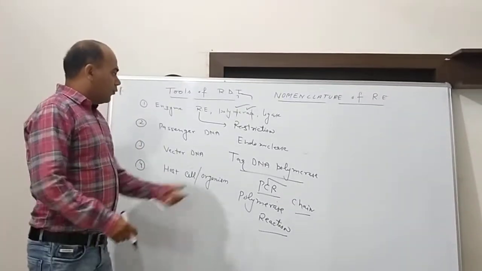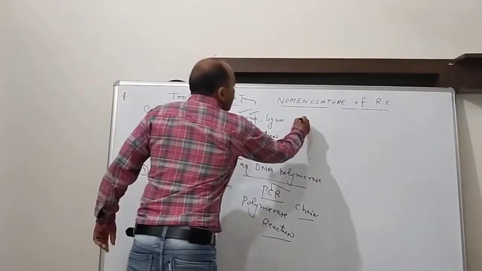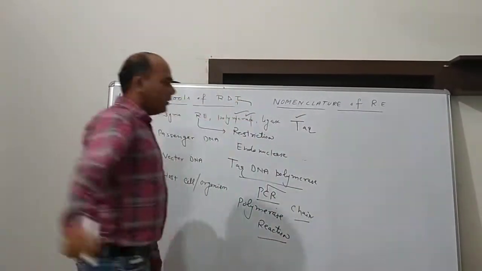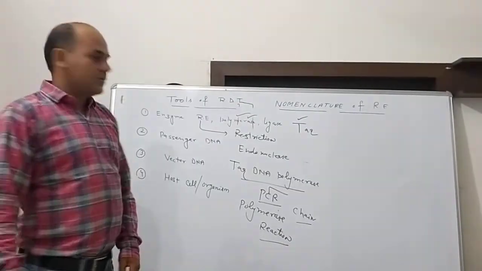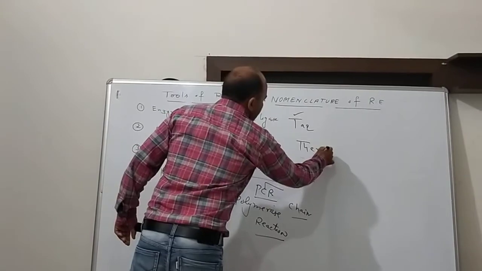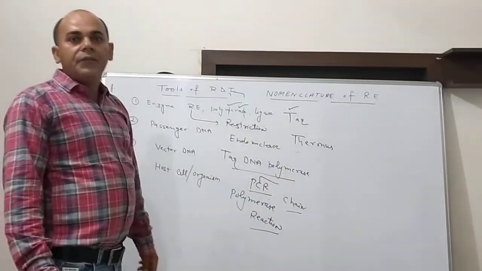Now question: what is the full form of TAQ? Here T stands for Thermus. AQ stands for aquaticus.